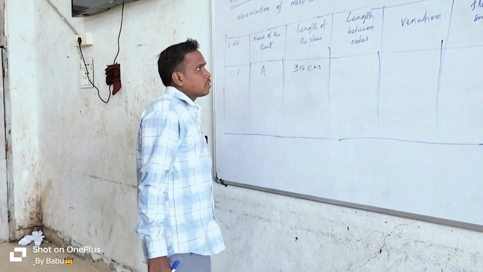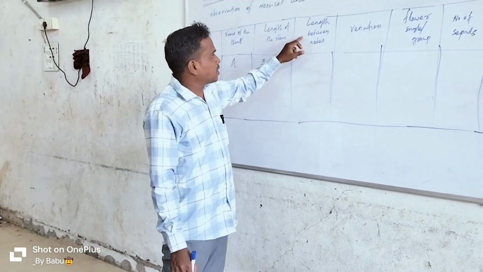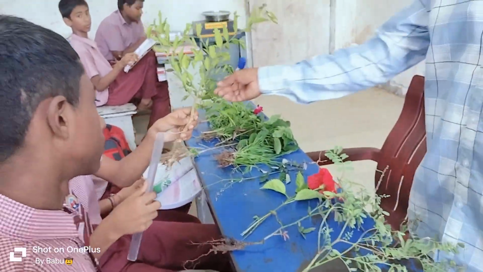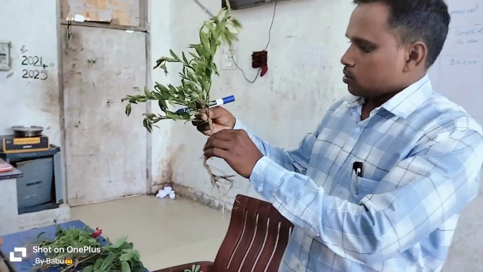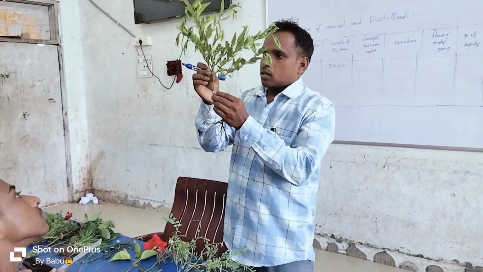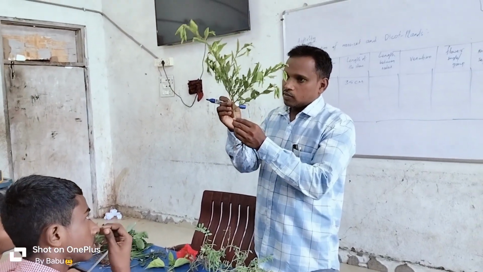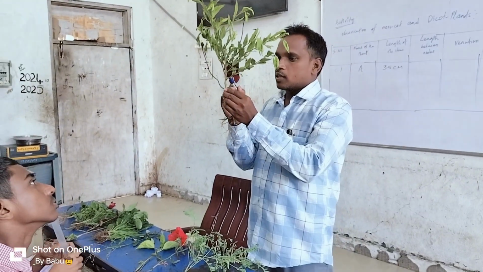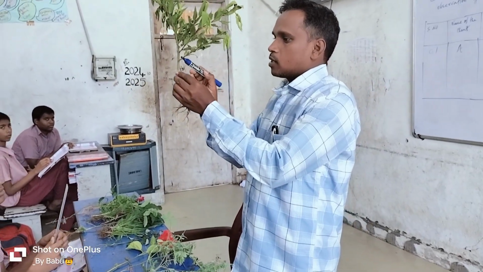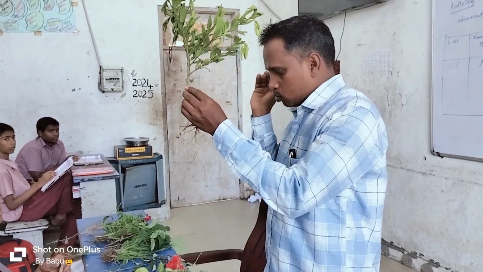And the length between nodes. You have to understand what nodes are. See, I am showing you nodes, where new branches arise. That particular area is known as a node. Here new branches are arising. Here this is a node and this is also a node.